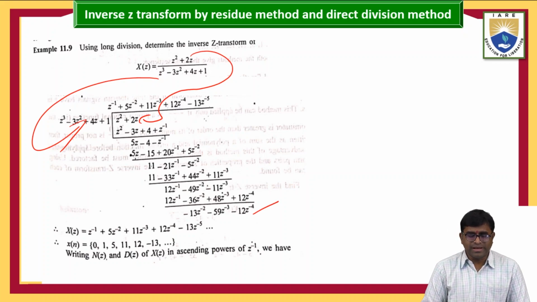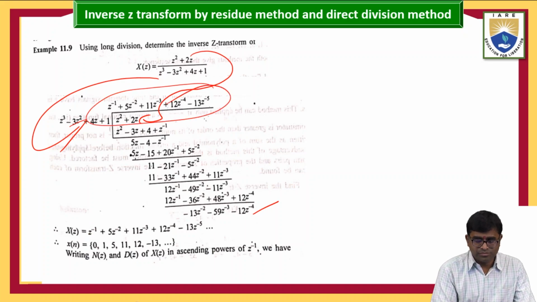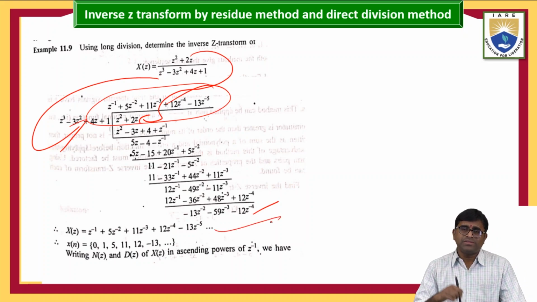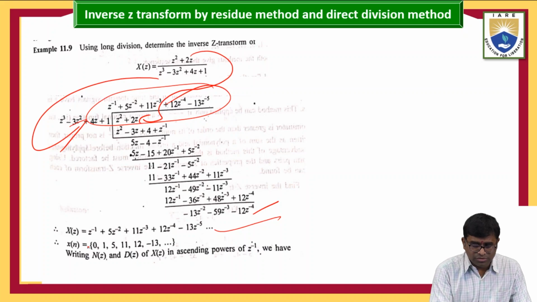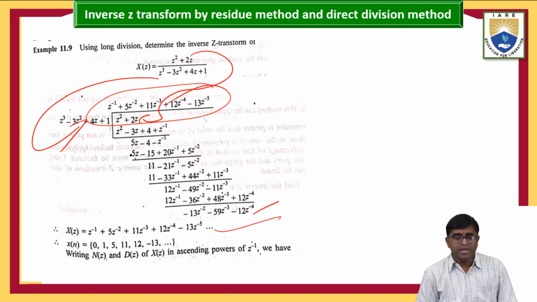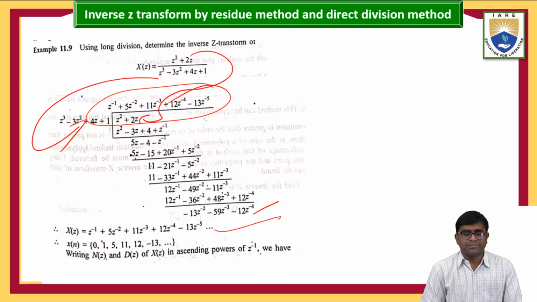Now I am going to write x of z equals this. For this one, what are the integer values? That is 0, 1, 5, 11, 12, minus 13, and so on. Substitute these values here. We get the answer values.